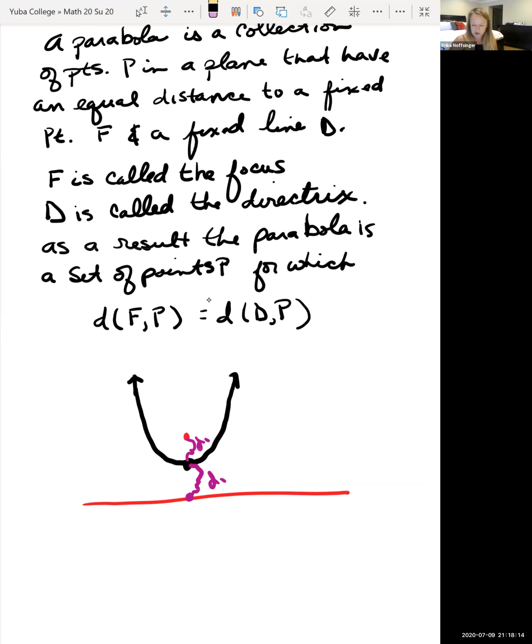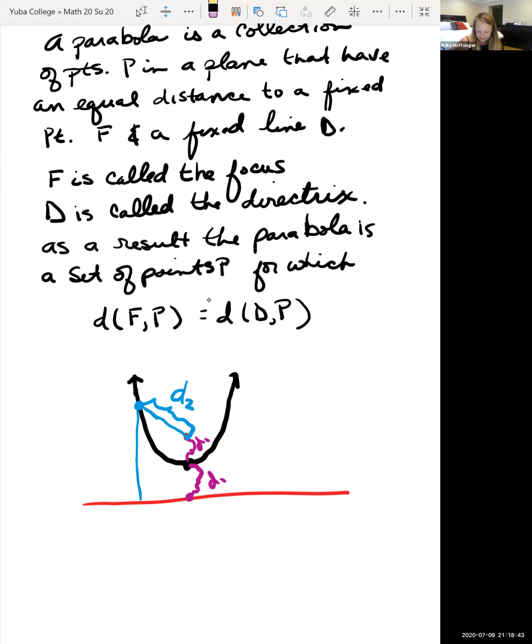So if I chose another point anywhere on our parabola, it doesn't matter where, the distance from this point, let's call it d sub 2 in this case, and my line might not look great, but it usually forms a 90-degree angle in here.